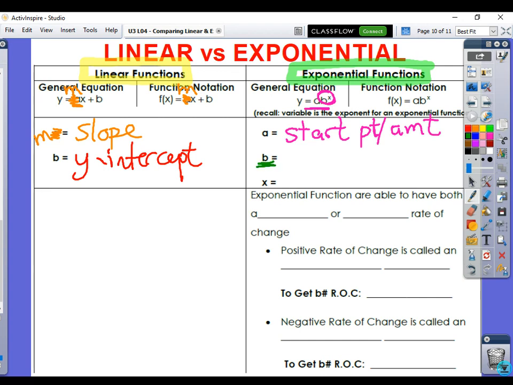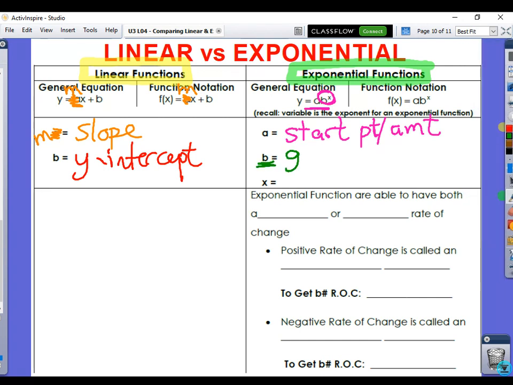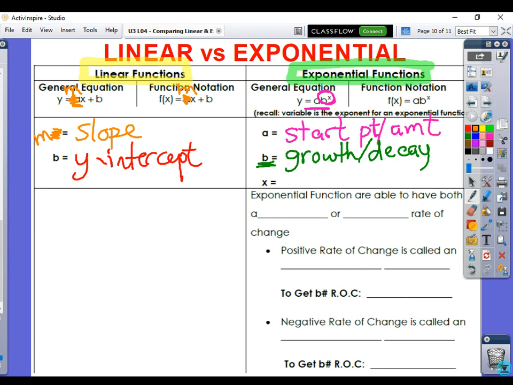It's super, super important because it determines whether our function is growing, so we call that growth, or the opposite of growth, which is decay. So we often talk about, well, how do things decay? Well, when leaves decay, when they fall off the trees in the fall, things like that. So we'll talk about how things decay, how a function can decay.